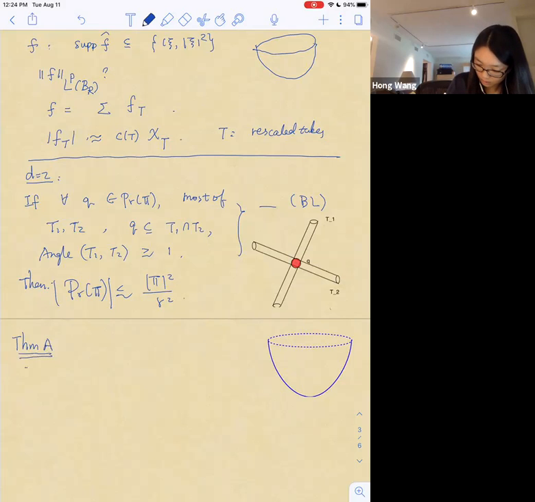Theorem A says that in R2, let S be a parameter between 1 and n, and let T be a set of tubes.